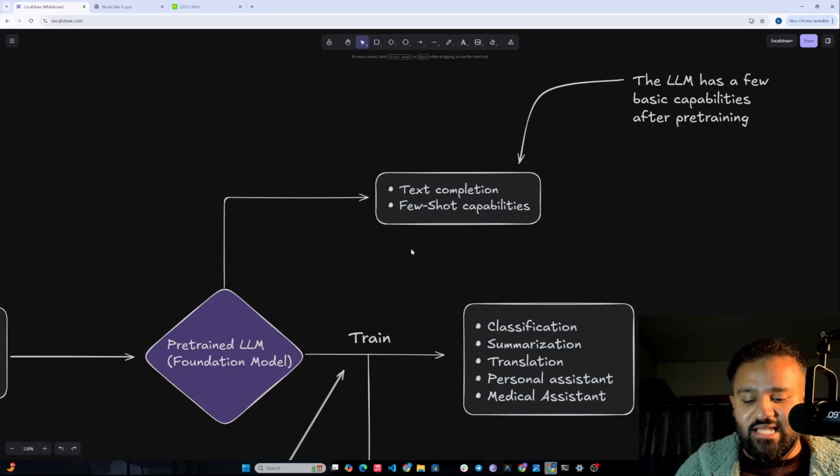But now we can get a straight answer without giving any examples. So earlier GPT-3 was a few-shot model, but these days all the models are zero-shot. We don't need to give any examples to generate our specific answer. I will be teaching you about few-shot models and zero-shot models in the next lecture.